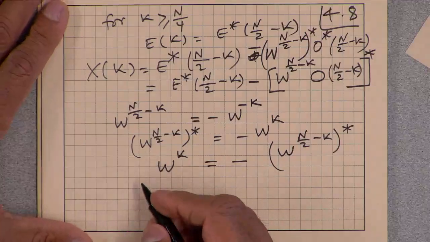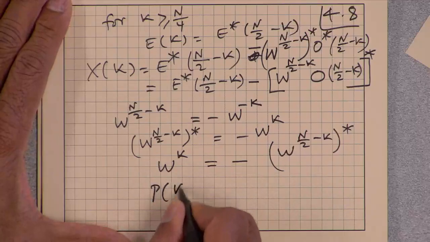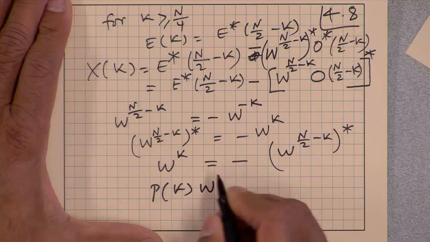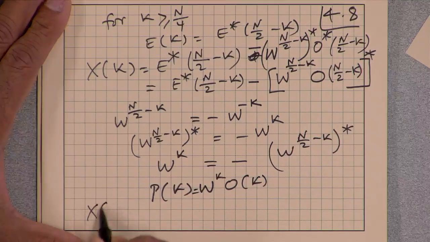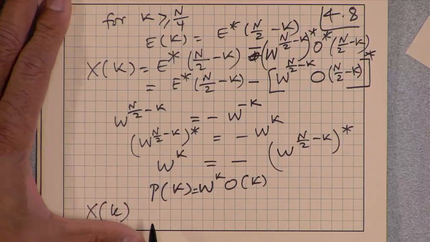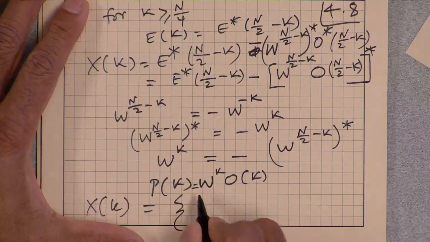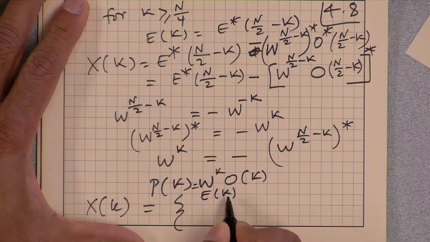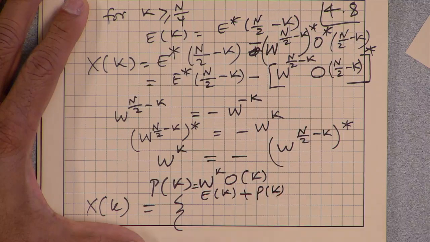So if we call Pk equal to W to the power k Ok, then Xk can be written as Ek plus Pk, right? So Ek plus Pk.